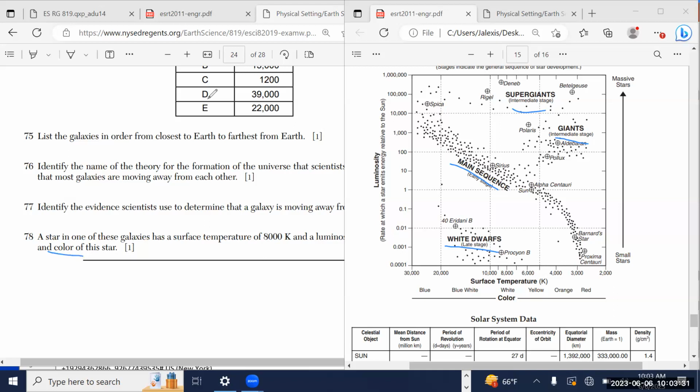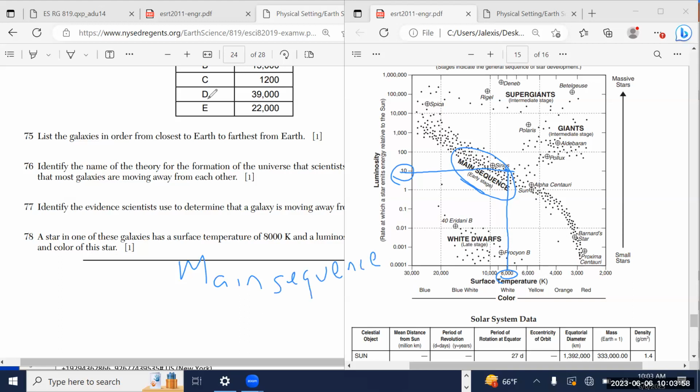Stage and color. So when we take a look, 8,000 is right here, luminosity of 10. When I match it up, it's located on the main sequence stage. So as far as stage, your stage is going to be main sequence. That's the first thing.